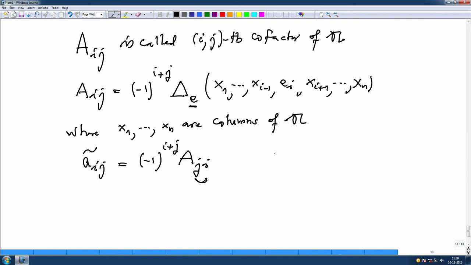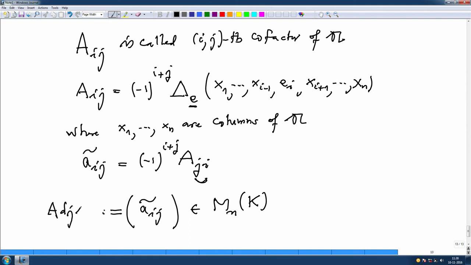This matrix Aij tilde is an n cross n matrix, and this matrix is called the adjoint of A. The notation is ADJ. This is called the adjoint of the matrix A.